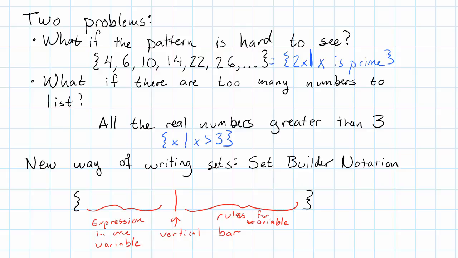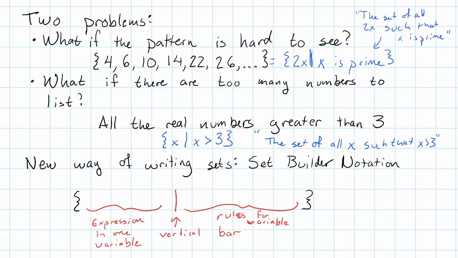I would read this as the set of all x such that x is greater than 3. I would read this set as the set of all 2x such that x is prime.